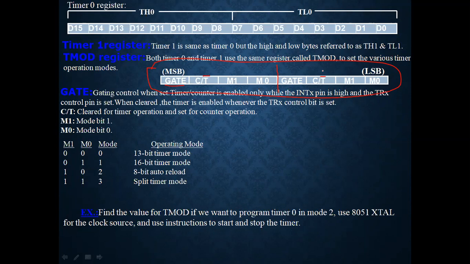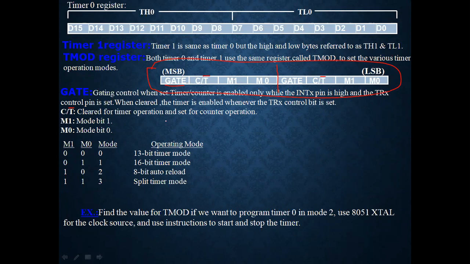There are two interrupts, INT0 and INT1. When cleared, the timer is enabled whenever the TRX control bit is set. Now C/T bar: when this bit is set, that is 1, it acts as the counter, but when it is 0, it acts as a timer. Clear or not?